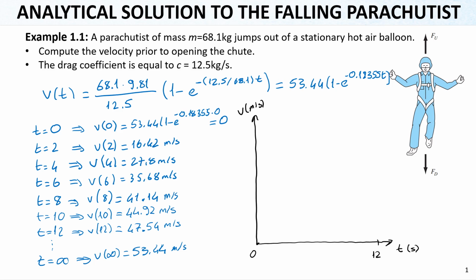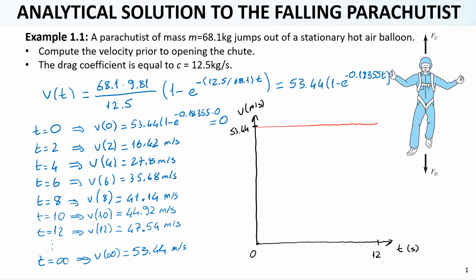Let's say this top part is the constant terminal velocity, 53.44, and let's define it as a constant line like this. This is just the velocity that we reach eventually.